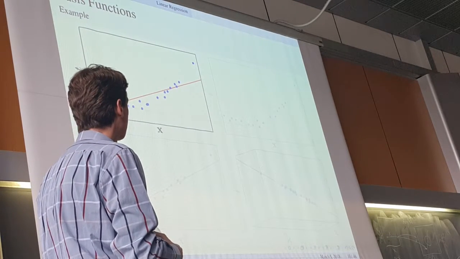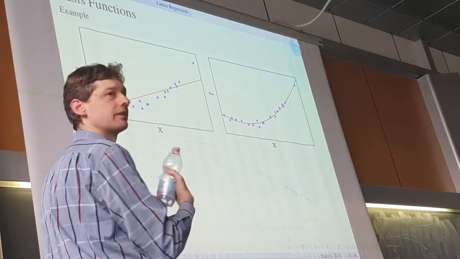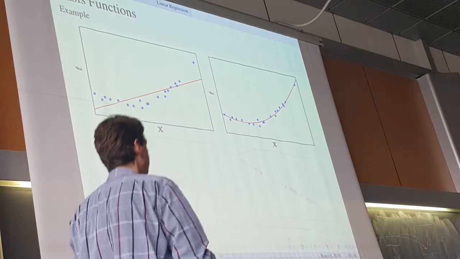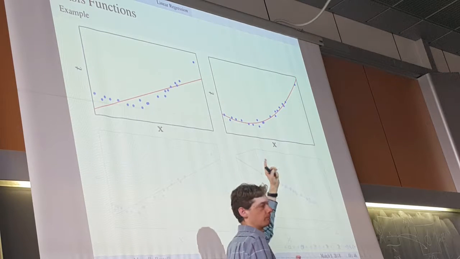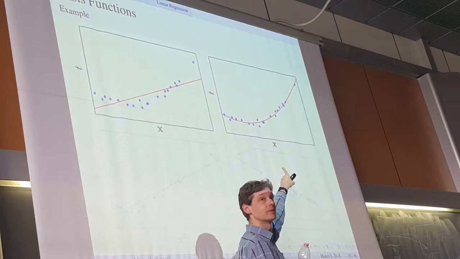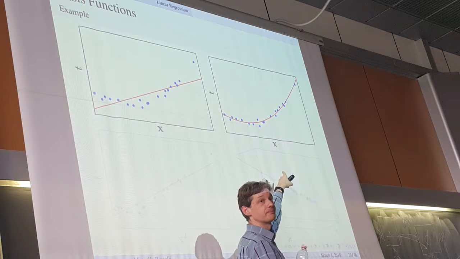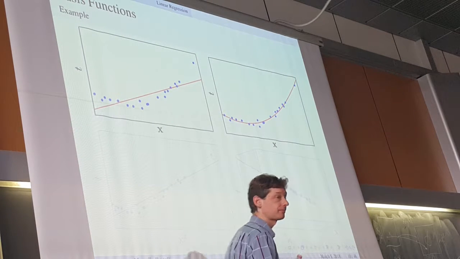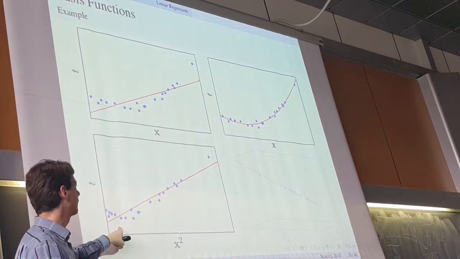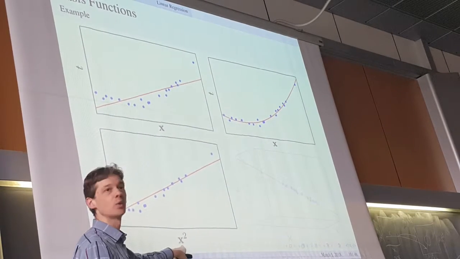Now, this is the model that fits. And you can see that the red line that best fits this data is not linear with respect to X. But these are the data if you consider how they are distributed with respect to X squared.